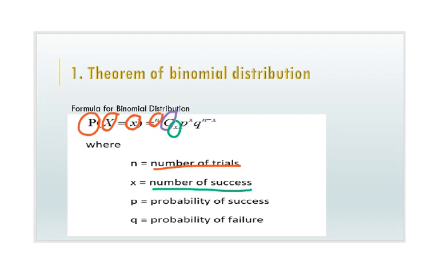And then we have p, which is the probability of success, to the power of x, the number of successes. And then we have q, which is the probability of failure, to the power of n minus x.